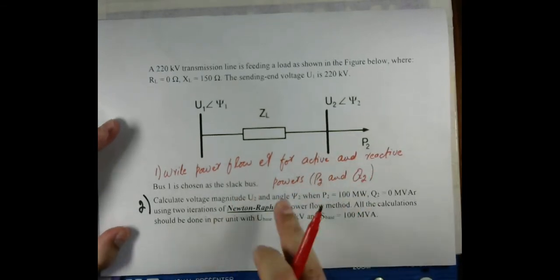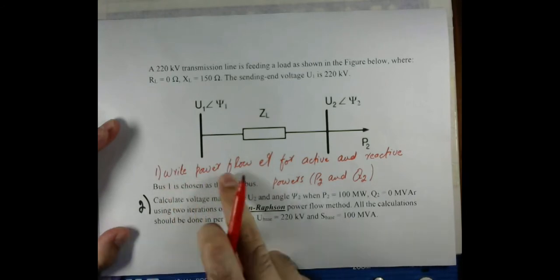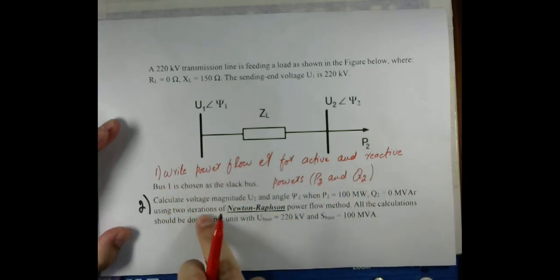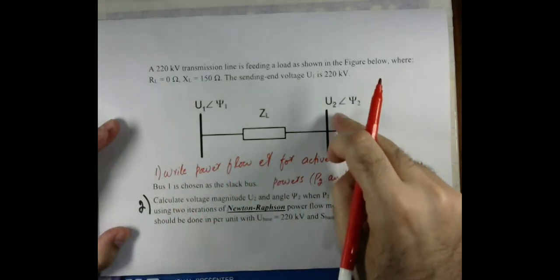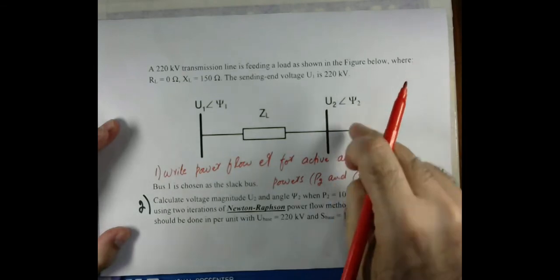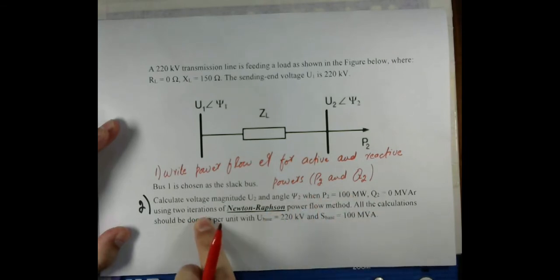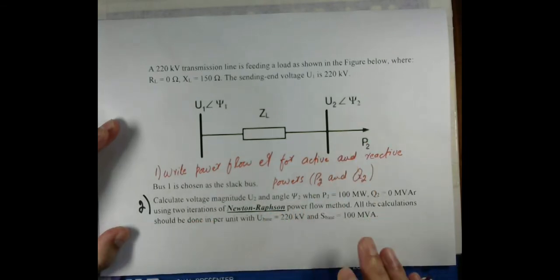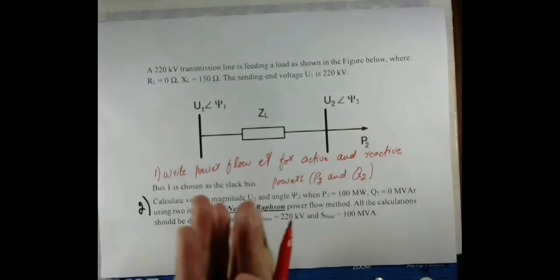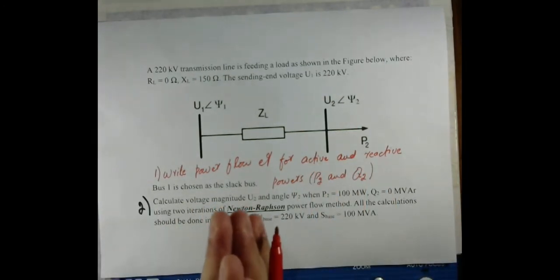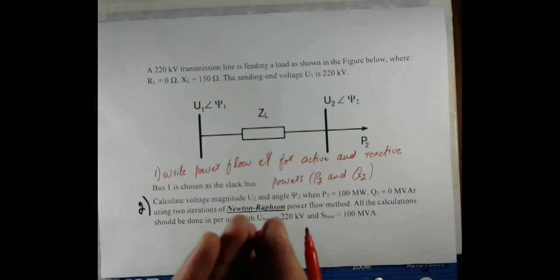So in this particular task we are supposed to write the power flow equations, and then we have to calculate the voltage and the angle at the load bus using Newton-Raphson method, and we have to solve the problem for 2 iterations, and all the calculations are supposed to be done in per unit. So this is the problem, and I mentioned that you have already solved this problem in the mid exam.